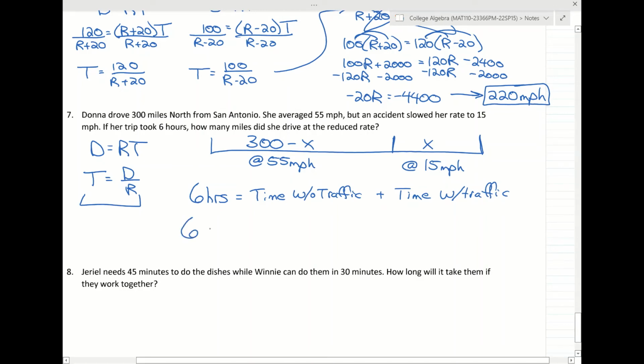So the time for that first part of the trip would be the distance over the speed.